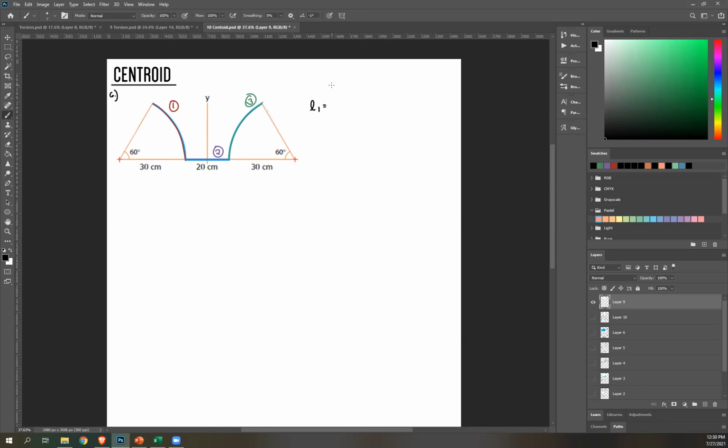So this is an arc. Now, if you remember from your math, the equation of an arc is just r theta. And our theta is 60 degrees. Our radius is this, which is 30. So you can just write r theta, 30 times 60. And take note, this goes for all of your subjects. Whenever you have an angle in degrees that is outside a trigo function, always convert it to radians.